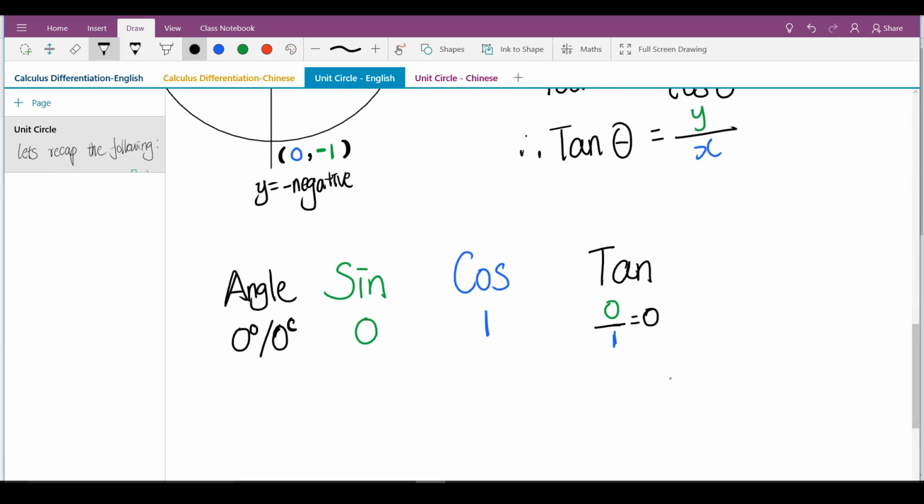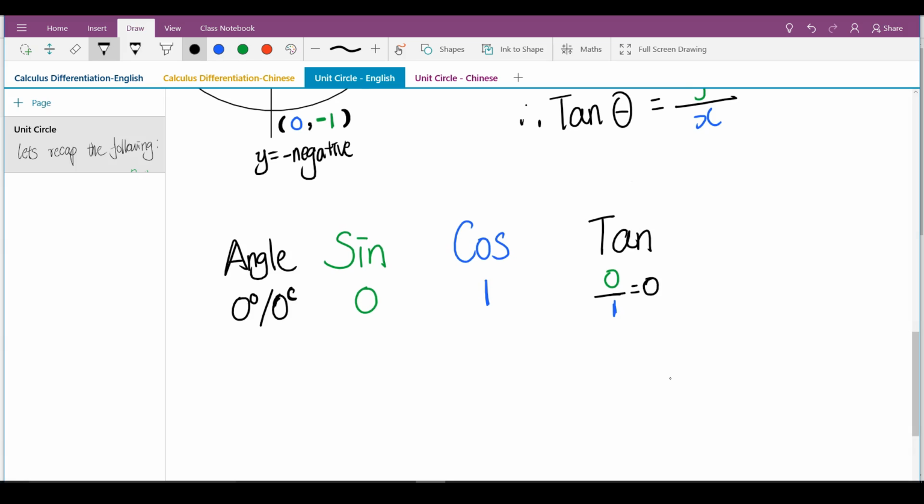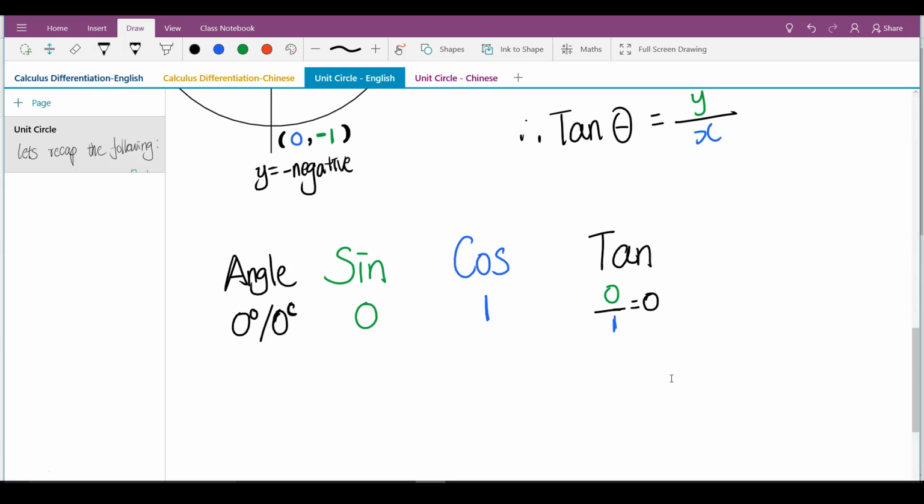We've got the angle on here, the sine of that angle, the cos of that angle, and the tan of that angle. Remember, tan theta is equal to y over x. We know our y coordinate will be 0 and our x coordinate will be 1, so tan is just 0 over 1, equal to 0.